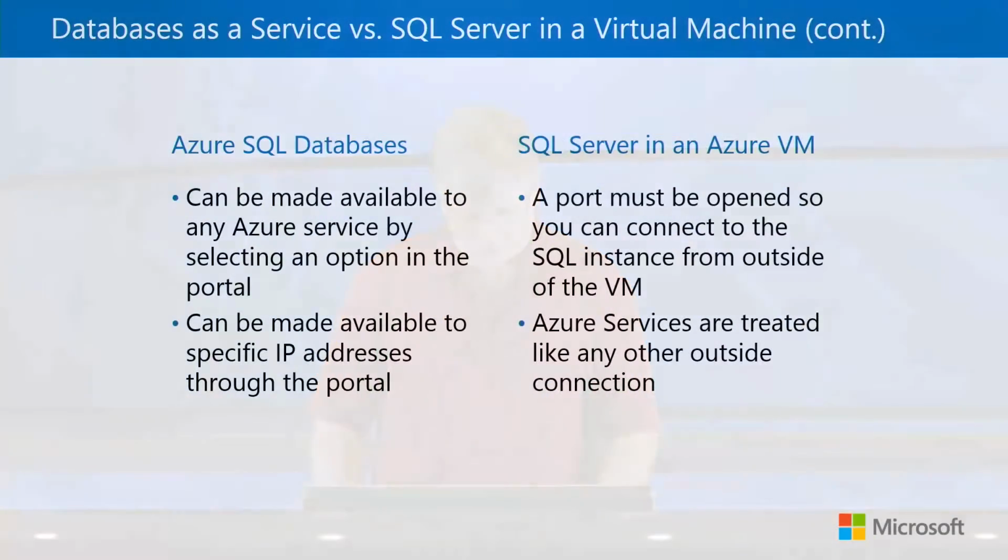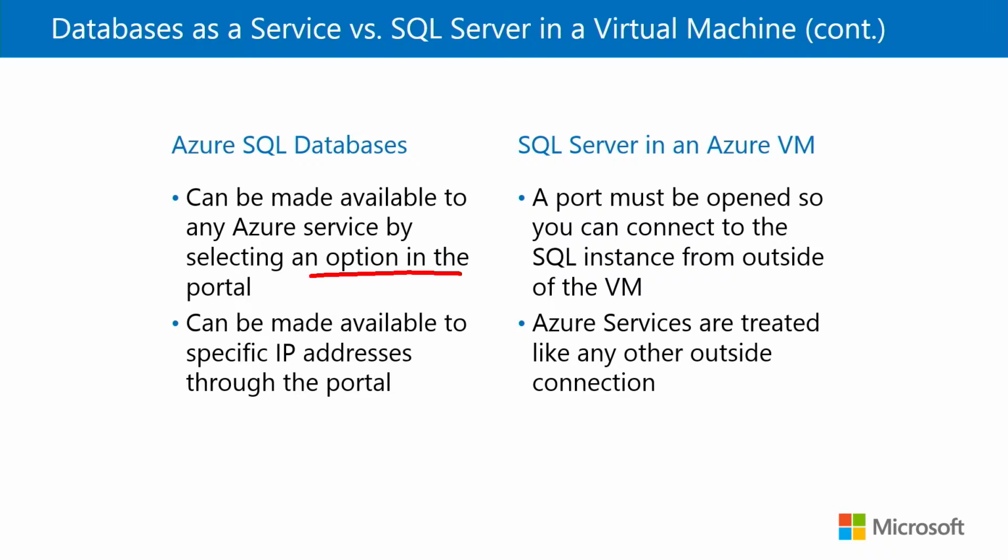Now, a couple of other things that differentiate are the security settings. And this is pretty interesting. On the Azure SQL database side, there is a check mark, an option that says, I want this Azure SQL database to be available to all Azure services in this subscription.